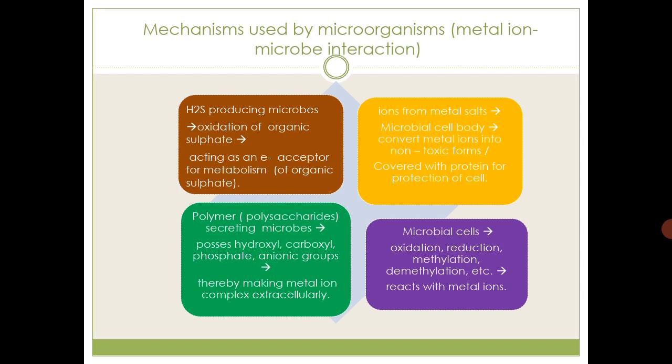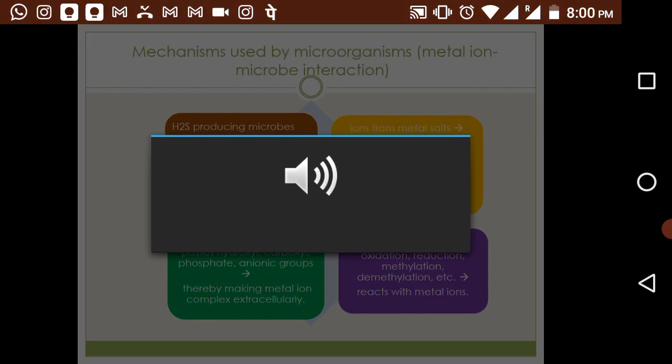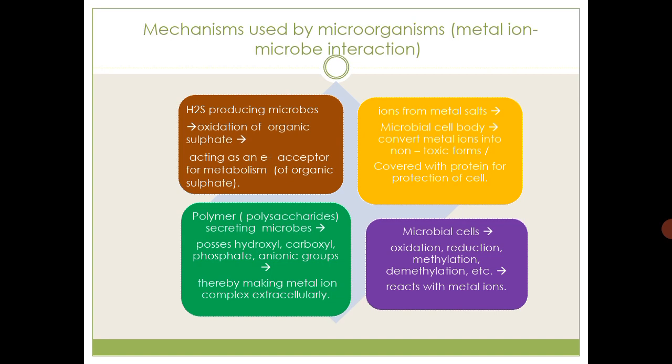As we know, these possess a negative charge, thereby making the metal ion complex extracellularly. Say, for example, Fe+. Fe is positively charged and these groups are negatively charged, so they can interact and bind to each other, and therefore they can produce the metal ion complex extracellularly. They can produce nanoparticles extracellularly.